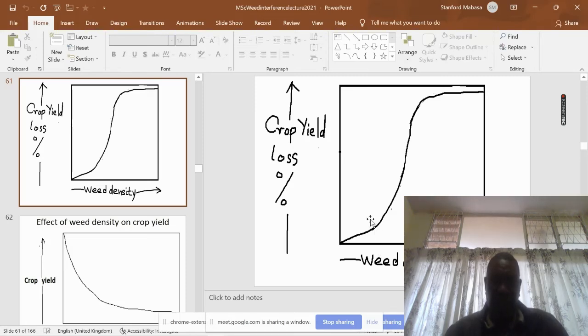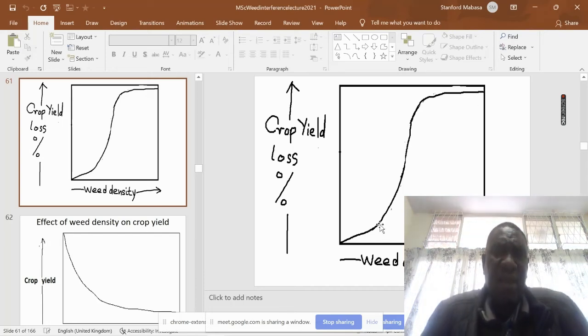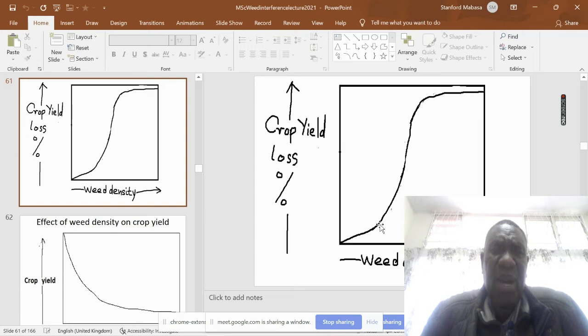Because if we do weed control at this juncture, we can avoid this big loss. And this graph can demonstrate this clearly. The sigmoid curve, which was proposed by Zimdal.